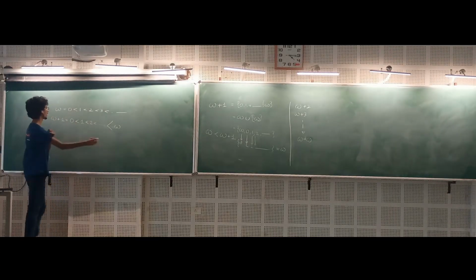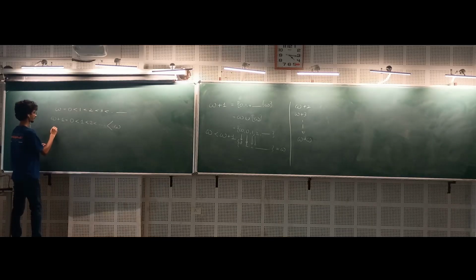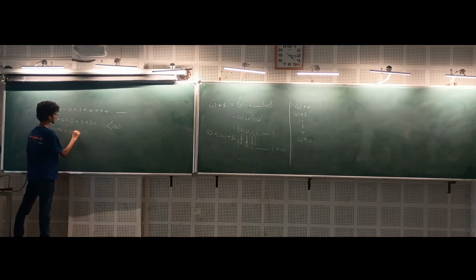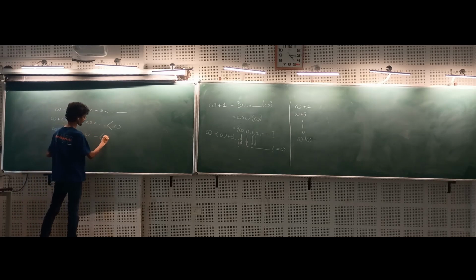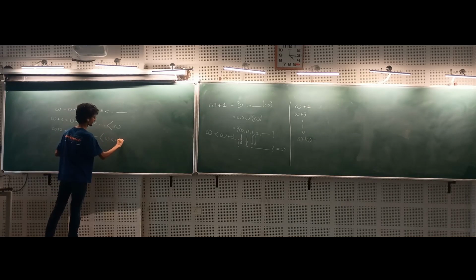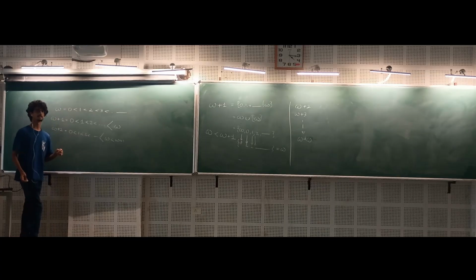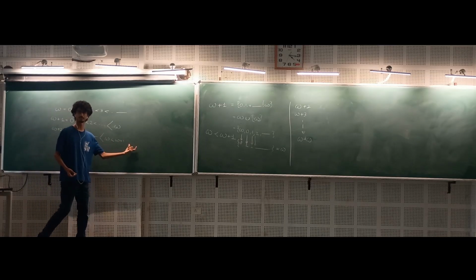How would omega plus 2 look? 0 less than 1 less than 2 less than and so on. All of them are less than omega, which in turn is less than omega plus 1. Now if I add omega plus 3, there will be an omega plus 2 term here.